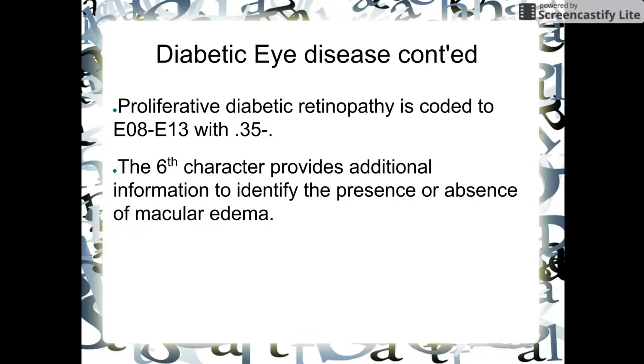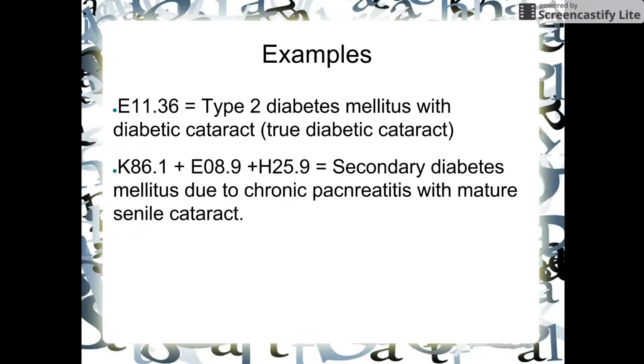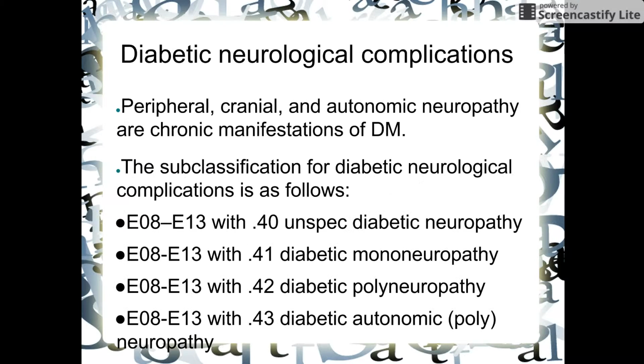Proliferative diabetic retinopathy, E08 to E13 with .35. Then you have to have a 6th character added to it to identify the presence of macular edema. And you can read about the cataracts, and then I gave you an example.